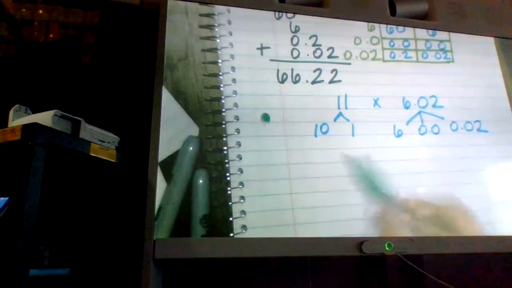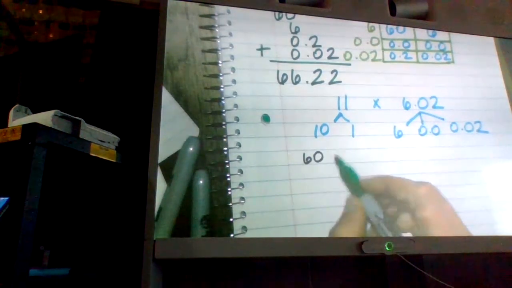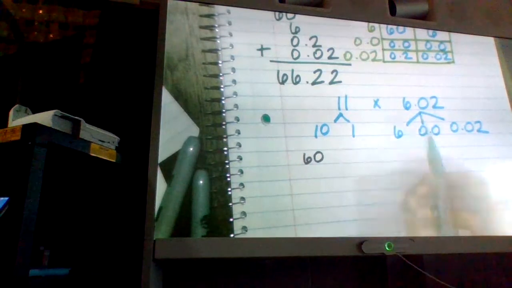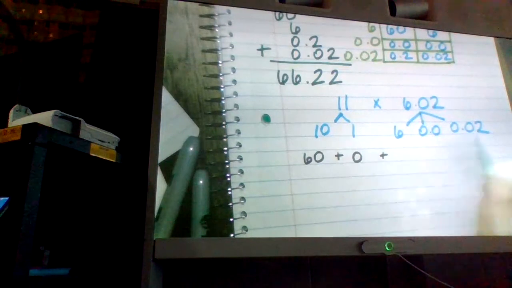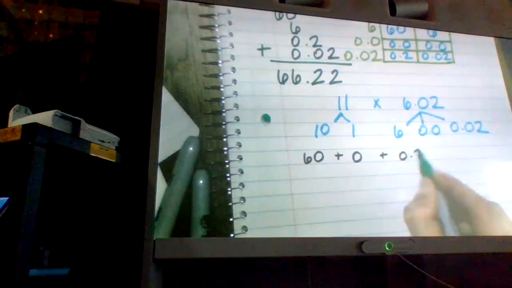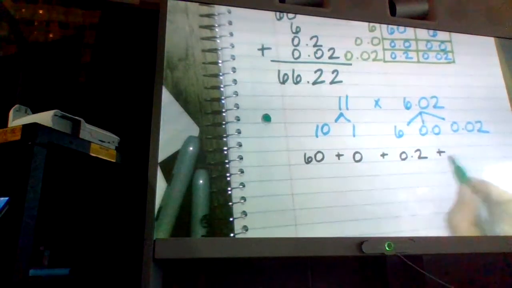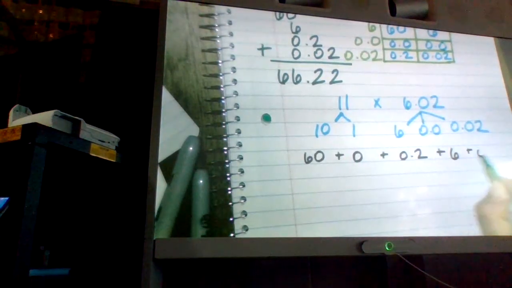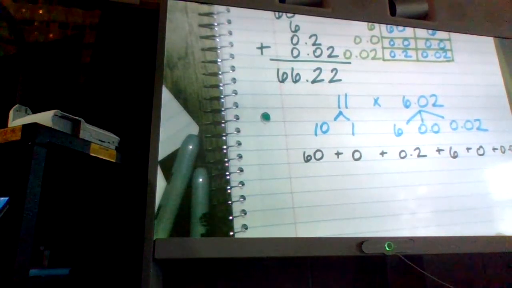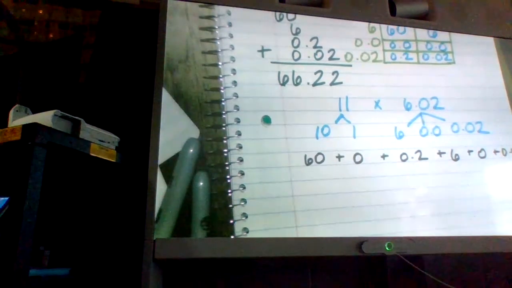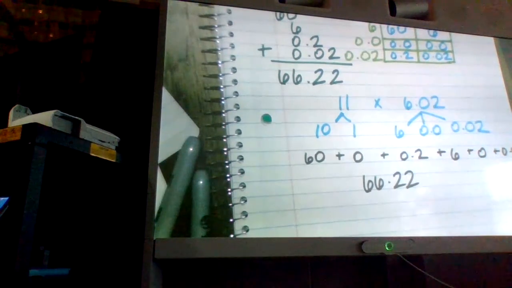So let's work it out. 10 times 6 is 60. 10 times 0 is 0. And 10 times 2/100 is 2/10. Then I'm going to add 1 times 6 is 6. 1 times 0 is 0. And 1 times 2/100 is 2/100. When I add this together, I still get the same answer as 66 and 22/100.